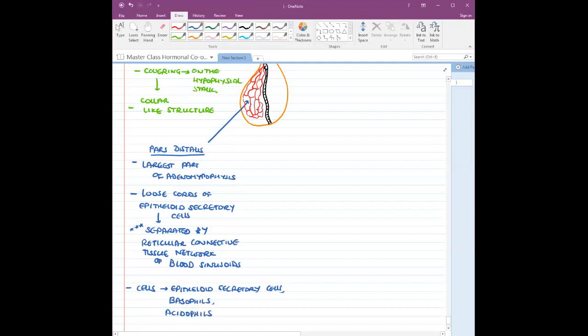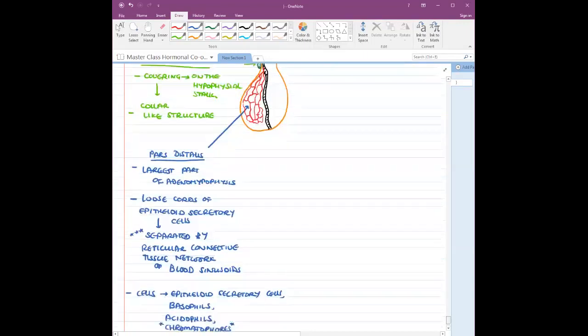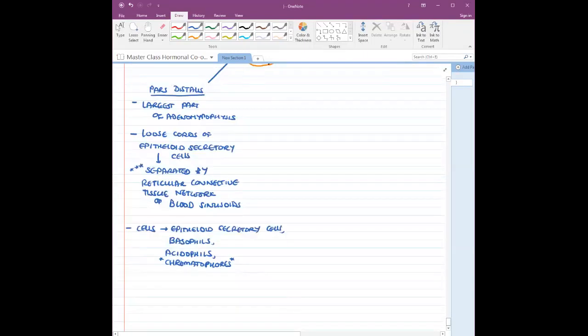And along with this, we also have some chromatophores to give them different colors. Guys, this is important. In your NEET exams, they ask you to find the odd man out. They will give you 3 from here and 1 from somewhere else, and you have to identify. They will always ask you a question on chromatophores. So chromatophores are found in what?